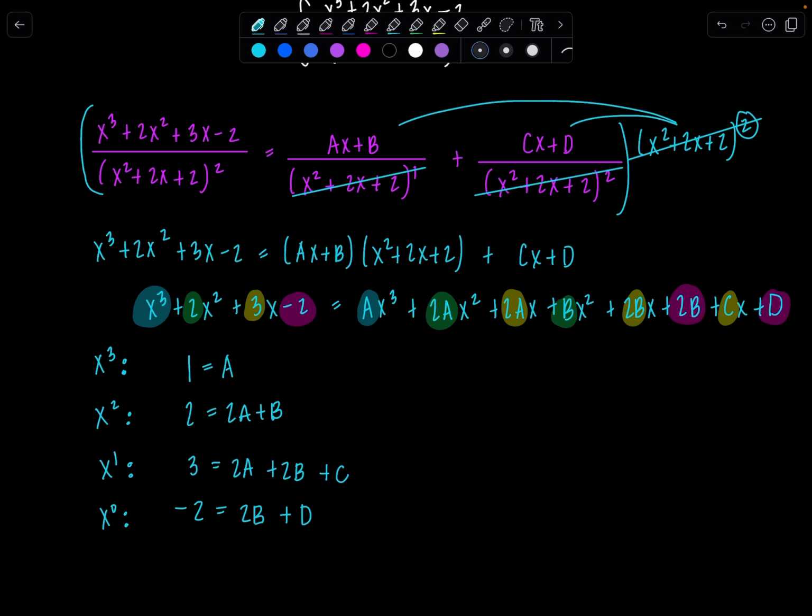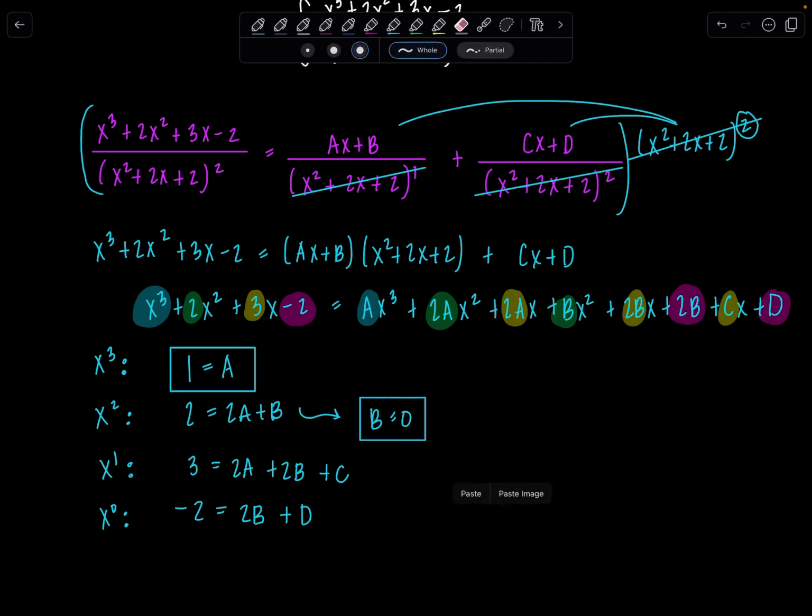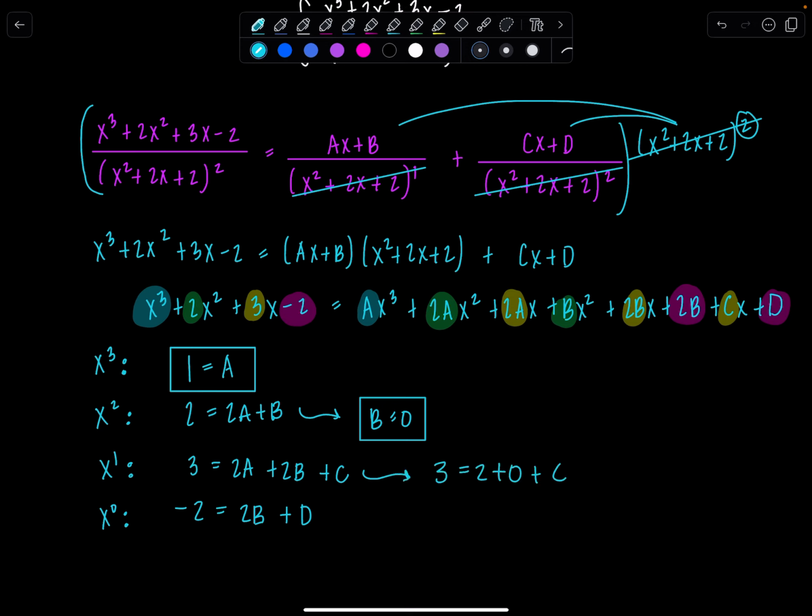All right, very good. So now let's see. I already know a is 1. And if a is 1, can you see that would be 2 equals 2, okay, then b is 0. Great, I love it. And then if I know a is 1 and b is 0, then over here I'm going to have 3 equals 2 plus 0 plus c.